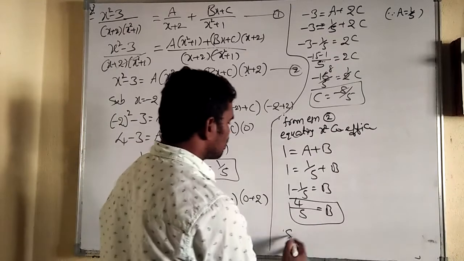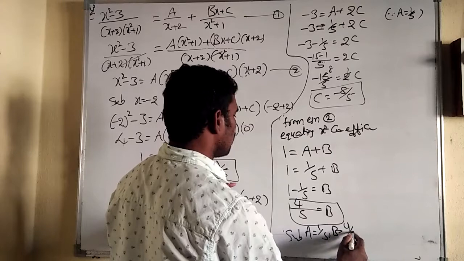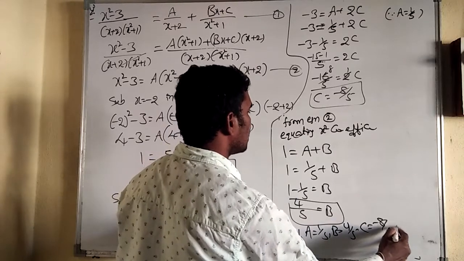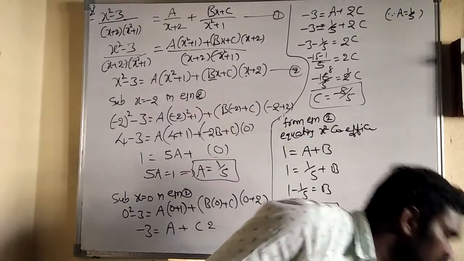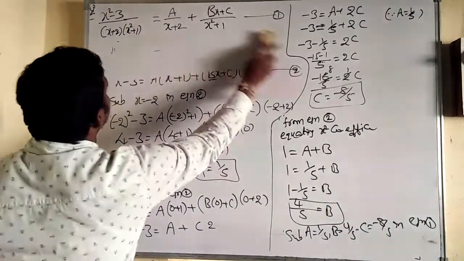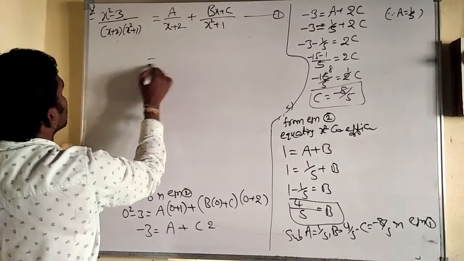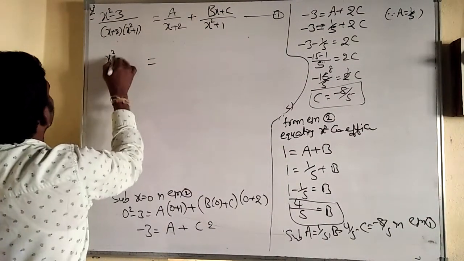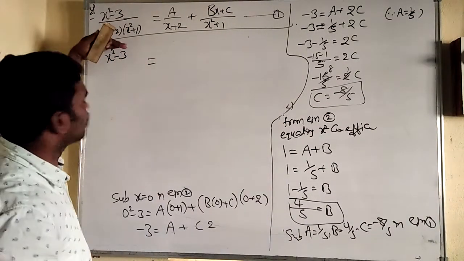So now substitute a equal to 1 by 5, b equal to 4 by 5, c equal to minus 8 by 5 in equation 1. Just substitute in equation 1, what you will get. I will complete this problem. Okay, so equation 1 will be x square minus 3. After this, write down from here onwards.